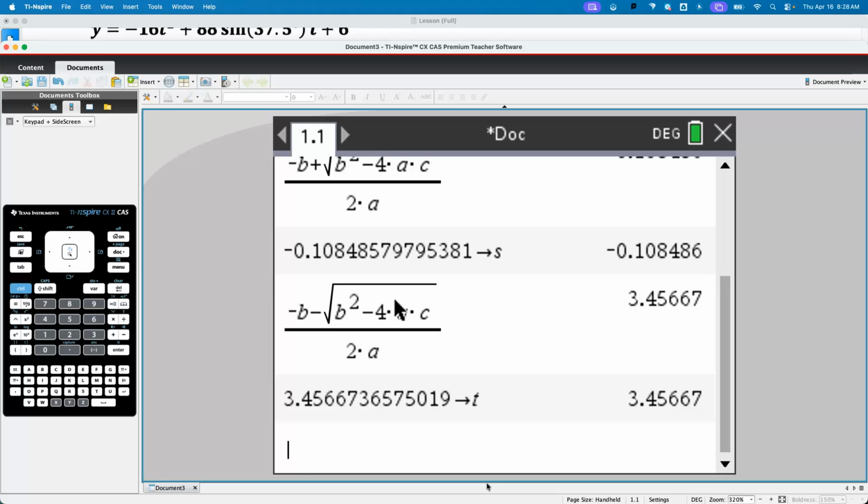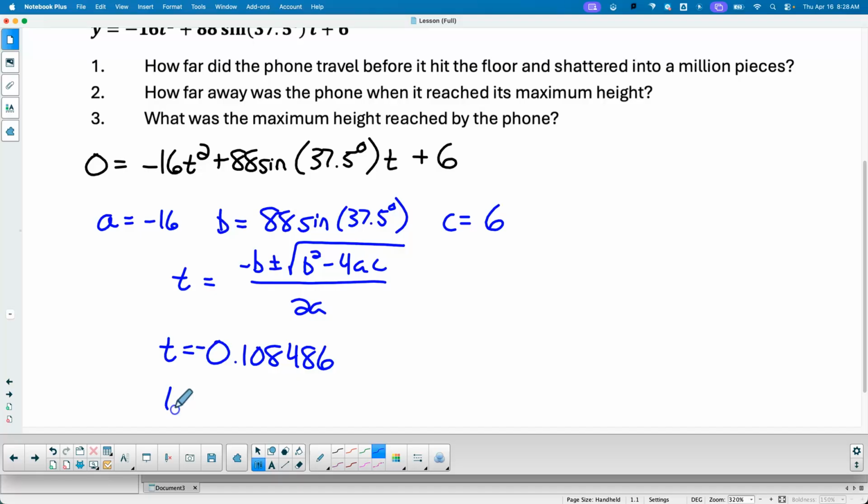And the other one, 345,667, I get a T value of 3.45667. There. Yes? Okay. Next.